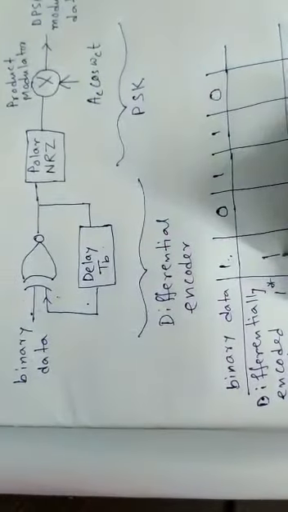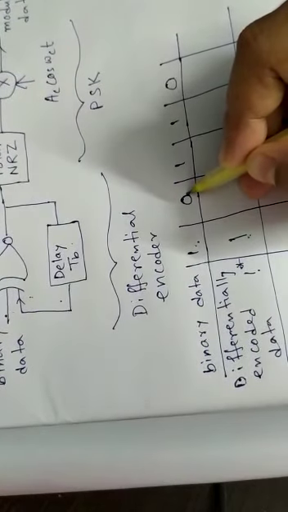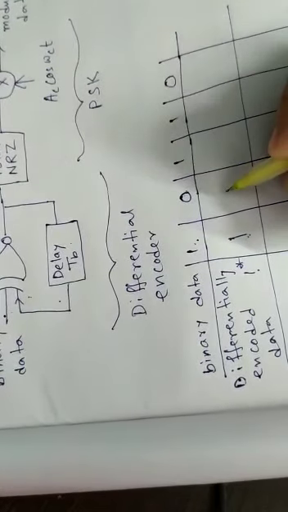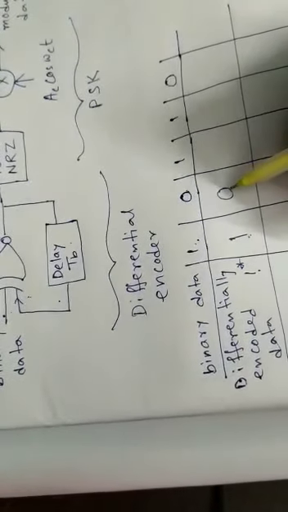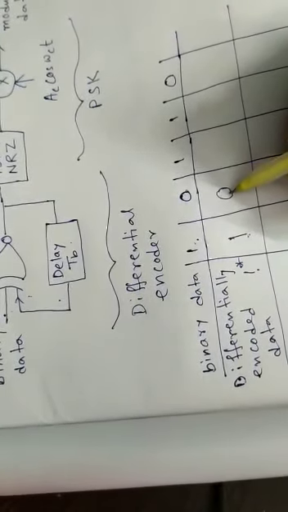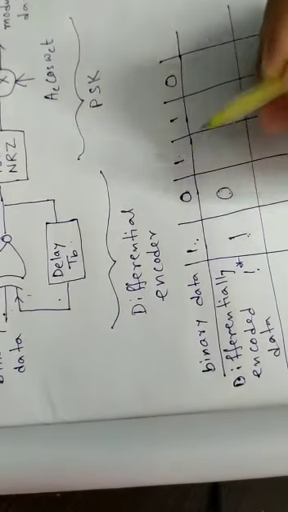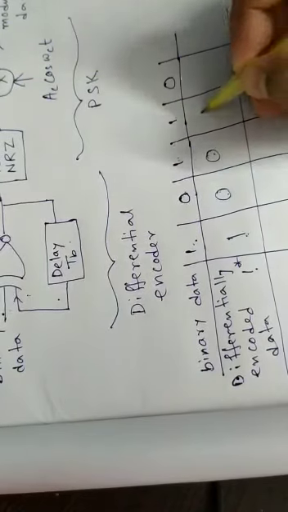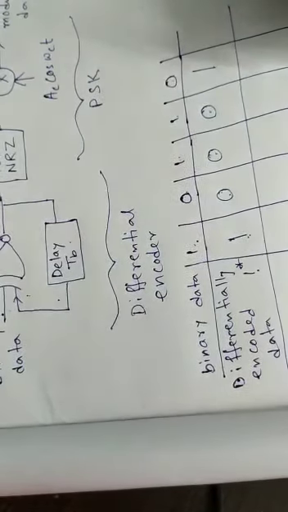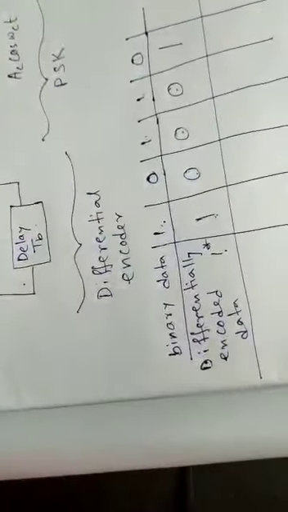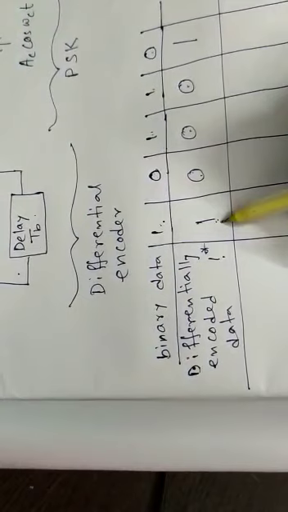So this one is XNORed with this 0, and 1 0 XNOR is 0. Now again this data is XNORed with the next data, that means this one. So 0 1 XNOR is 0, 0 1 XNOR is 0, 0 0 XNOR is 1. So this is the differentially encoded data.